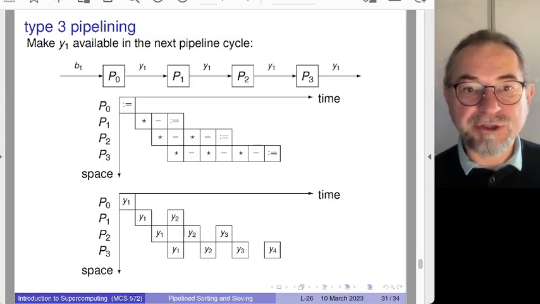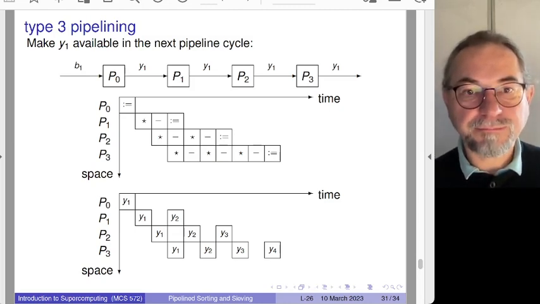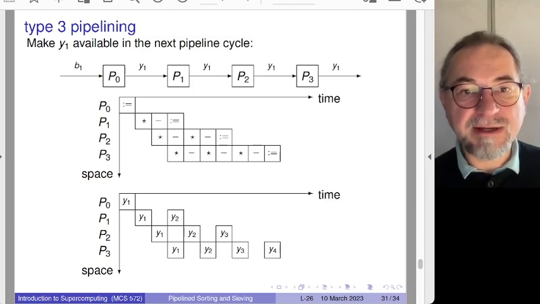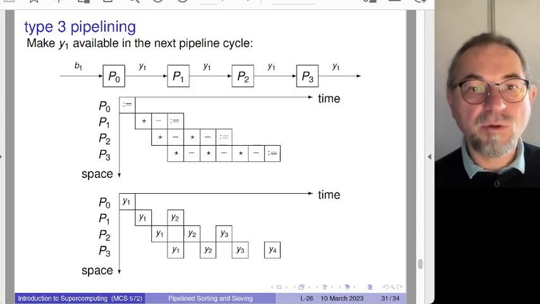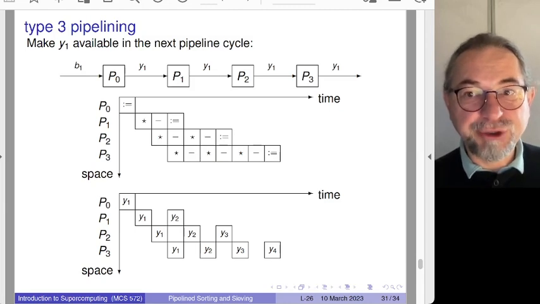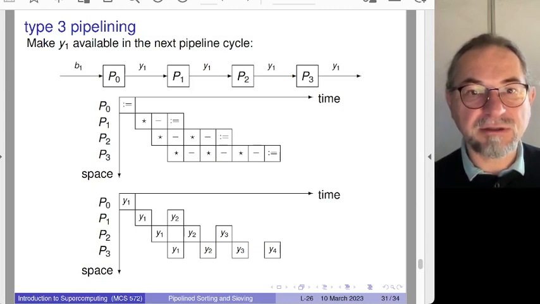The multiplication with y1 happens as soon as y1 is received. So you see the speedup that can happen now, as there is this delay from the receiving of y1. It's still unfortunate that P3, which has to do most of the work, receives its data last.